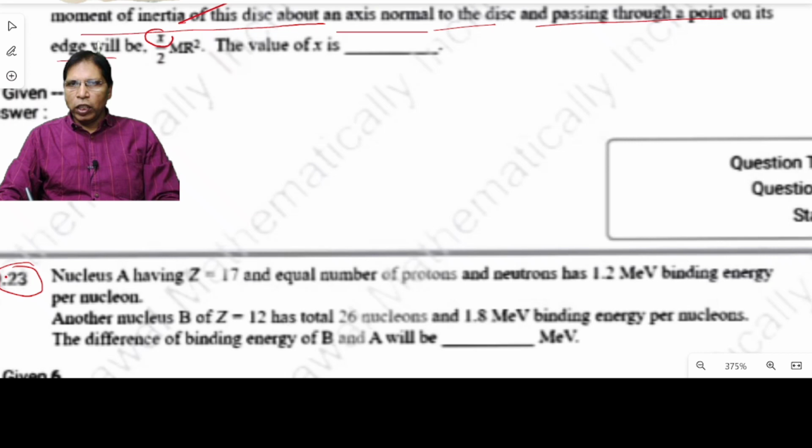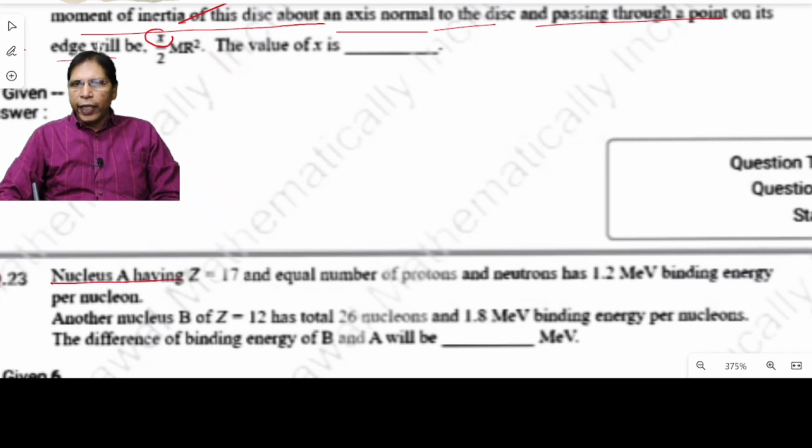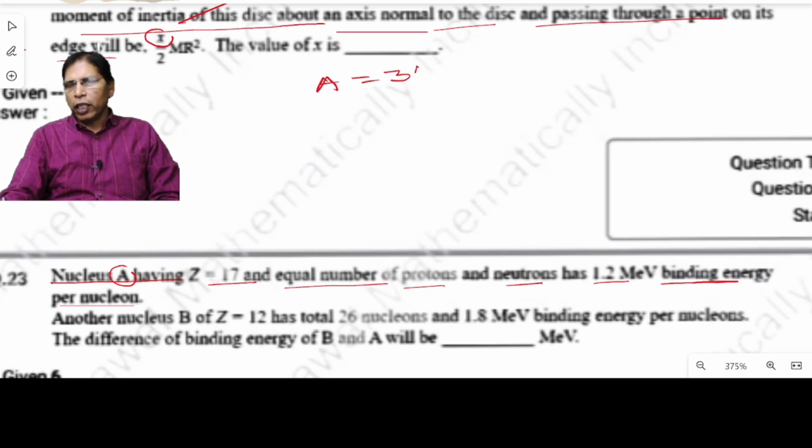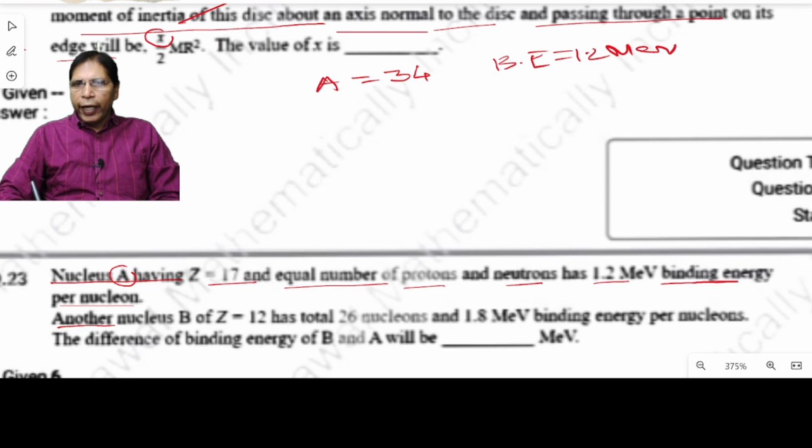Now question number 23. Nucleus A having Z equal to 17 and equal number of proton and neutron has 1.2 mega electron volt binding energy per nucleon. So here mass number A is equal to 17 plus 17 is equal to 34. And binding energy is 1.2 mega electron volt. Another nucleus B has Z equal to 12 and total 26 nucleons. So number of nucleons A is equal to 26.